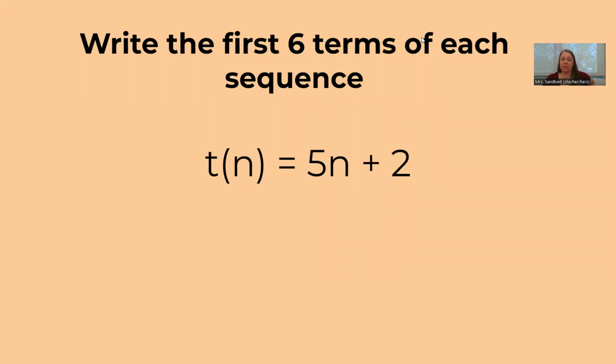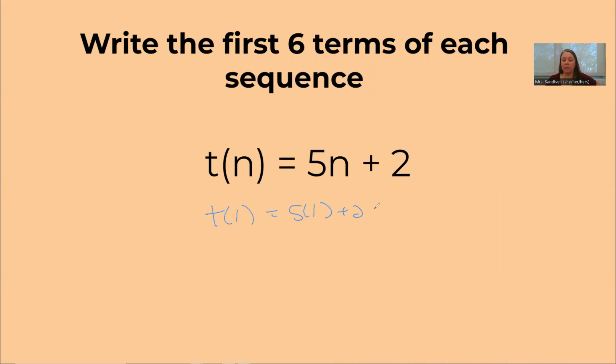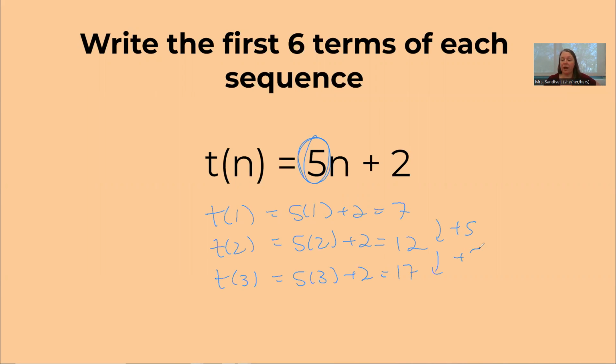All right, now write the first 6 terms of this sequence. So if I want the first term, t of 1, I can just put 1 in here for n and say, oh, that's 7. And if I want t of 2, I could put 2 in here for n, and I could get 12. And for t of 3, I could put 3 in here and get 17. But then you might start saying, oh, look, I just know because it's arithmetic, it's linear, that I add 5 every time.